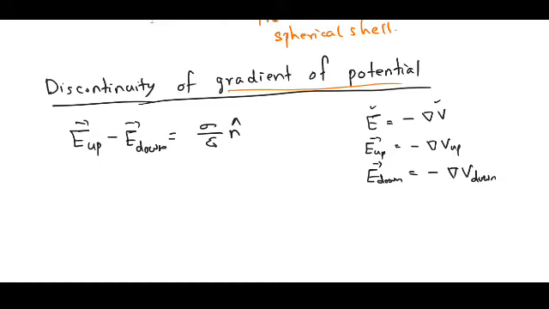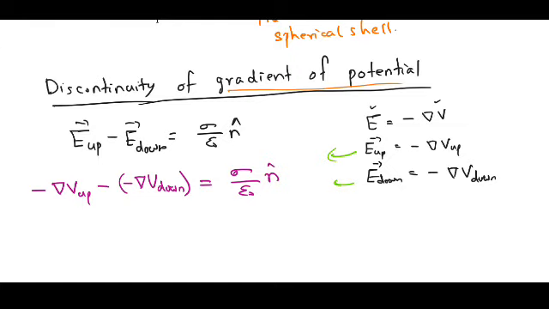If you substitute these values into the expression, E up minus E down is minus del V up minus, once again, minus del V down, equal to sigma divided by epsilon 0 n cap.